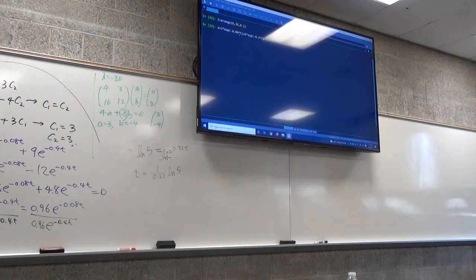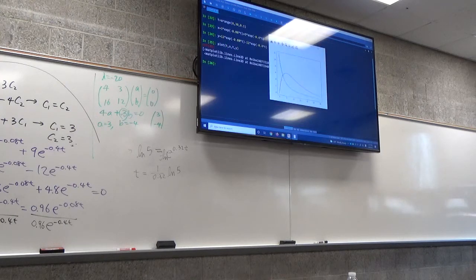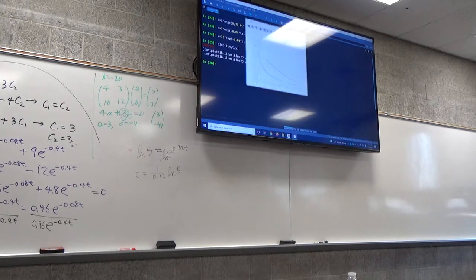They're both plus? Okay, thank you. And then let's do the same thing for y. So for y, it's 12 and then minus 12, right? Yeah, okay. And now we plot t comma x and also t comma y. So if I plot both of them together, I have this nice looking picture here.